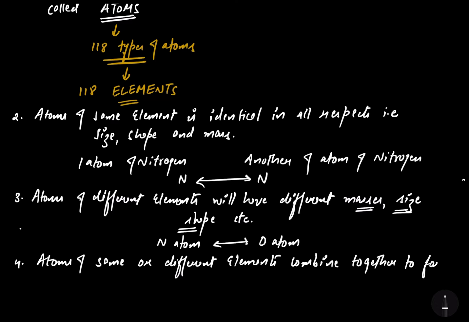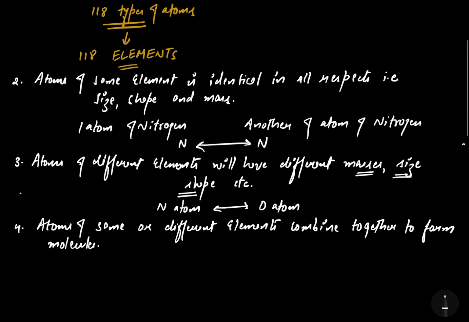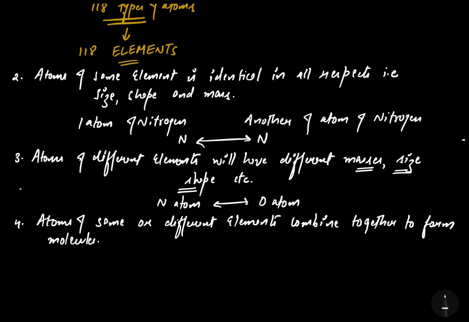Obviously, when N combines with N, it forms N2, and when N combines with O, it forms nitrogen monoxide. When N combines with 3H, it forms NH3. So, this was the fourth point given by Dalton.